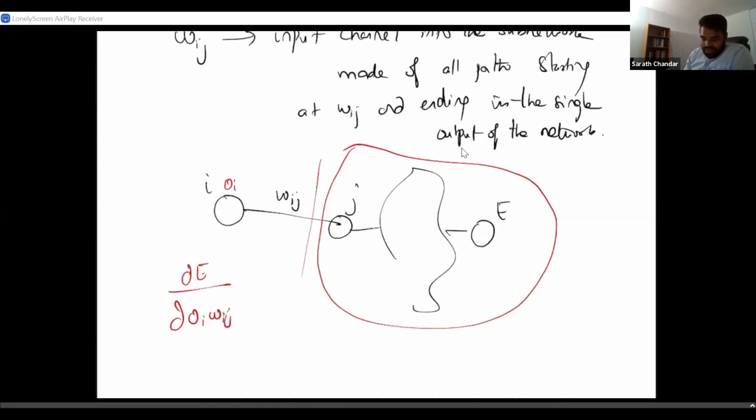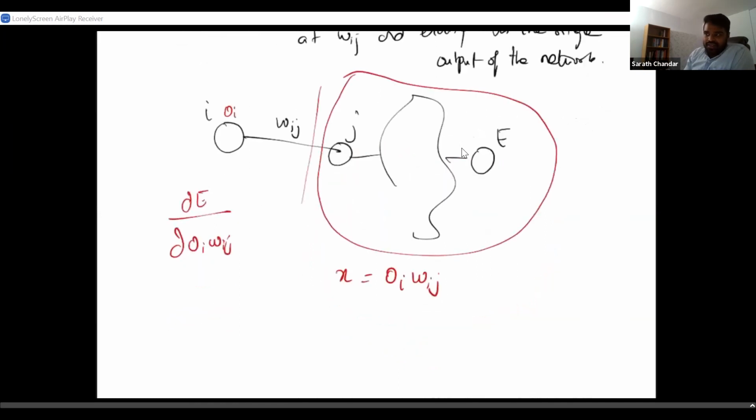So let's consider x to be OI wij. Now if I pass this x inside this network, then I can compute dou E by dou wij as dou E by dou x times dou x by dou wij.